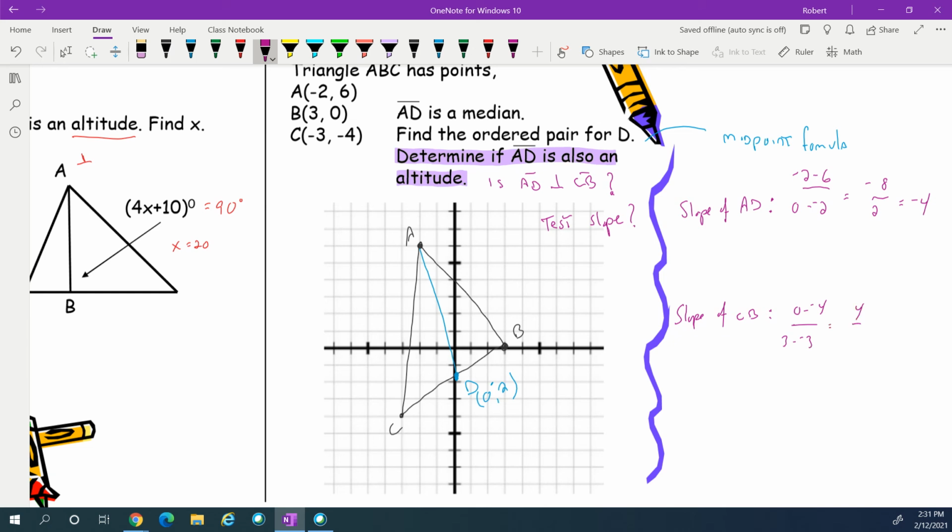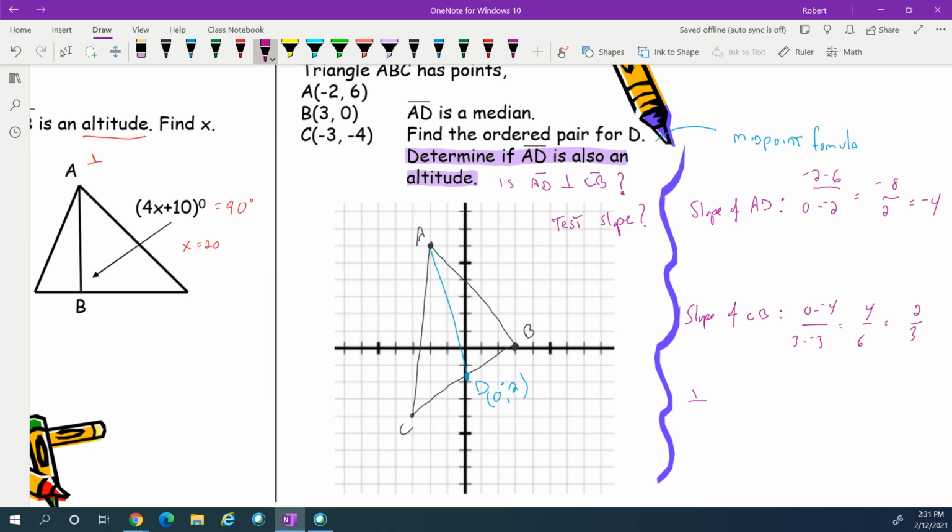It looks like 4 over 6, or 2/3. Perpendicular is when they have opposite reciprocal slopes. So this is not true. Not perpendicular. Not an altitude.